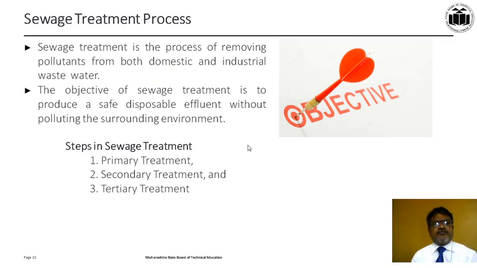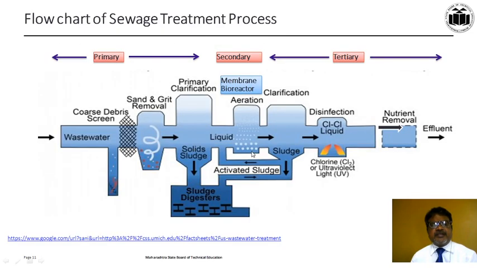Now there are three steps in sewage treatment. First is primary treatment, second is secondary treatment, and third is tertiary treatment. So let us study one by one. So this is a flow diagram or flow chart of the sewage treatment process or sewage treatment plant.